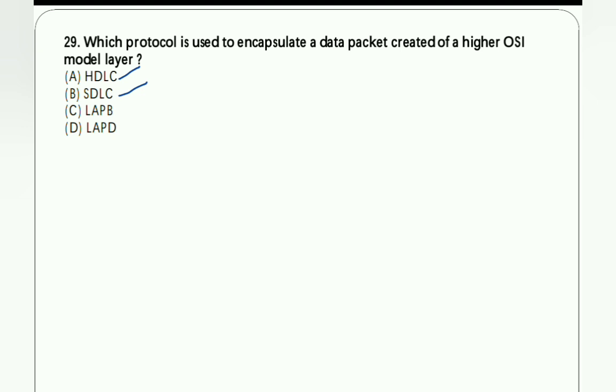Next, LAPD, Link Access Protocol on the D channel, is the second layer protocol on the ISDN protocol stack. Its development was heavily based on high-level data link control.